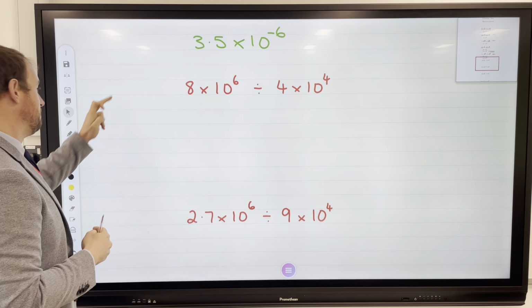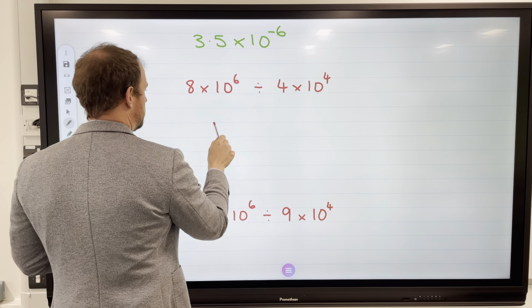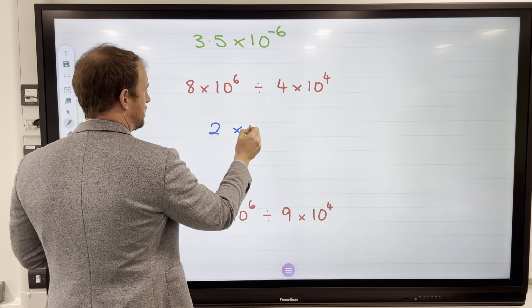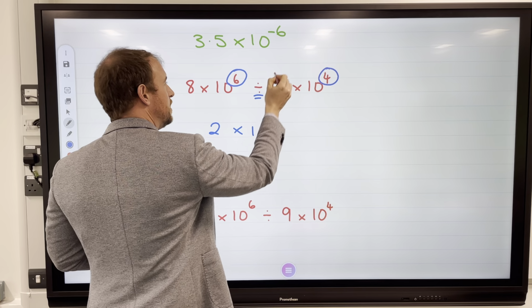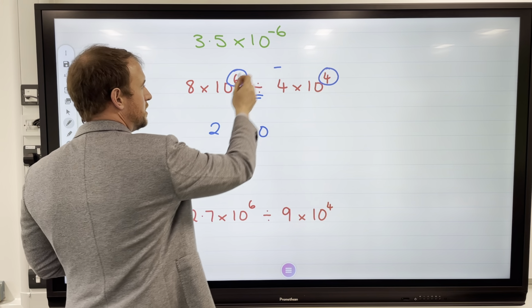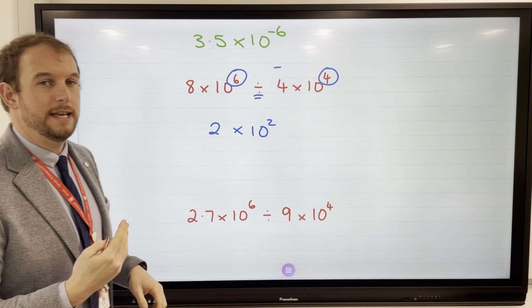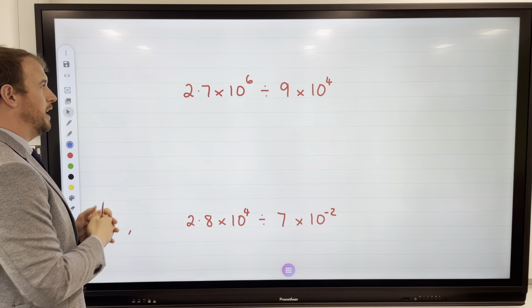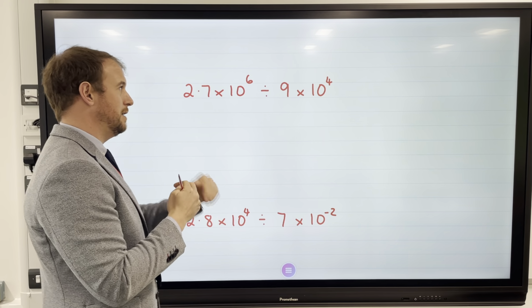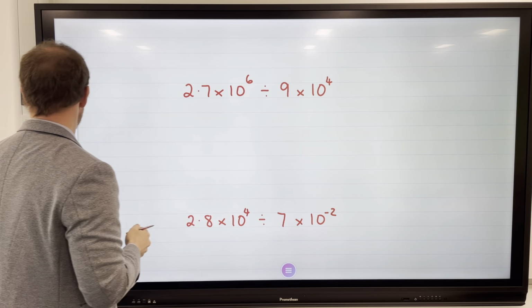Dividing then. Exactly the same principle. So I've got 8 divided by 4, which is 2, times 10 to the power of, when we divide, we subtract the powers. Well, 6 take away 4 is 2. Is that a standard form? Yes, it is. Easy peasy. Here then, 2.7 times 10 to the power of 6 divided by 9 times 10 to the power of 4.